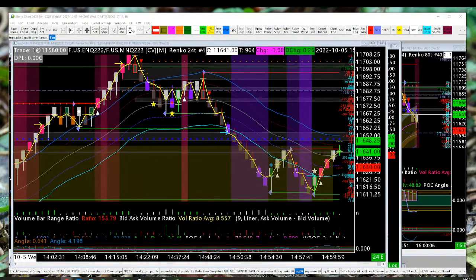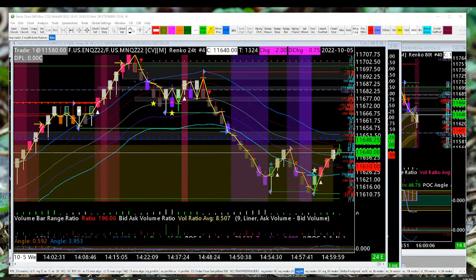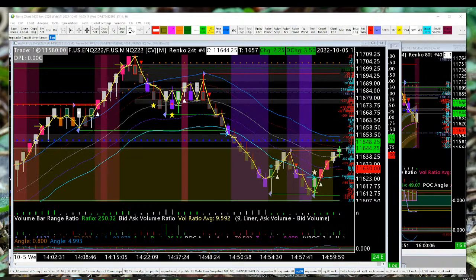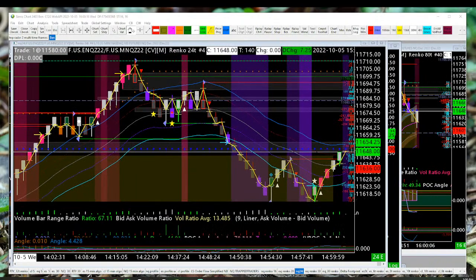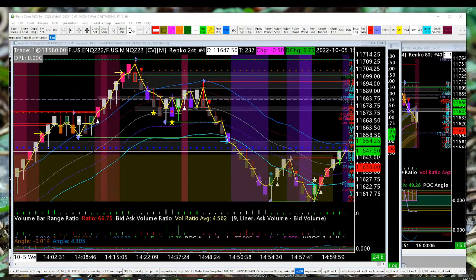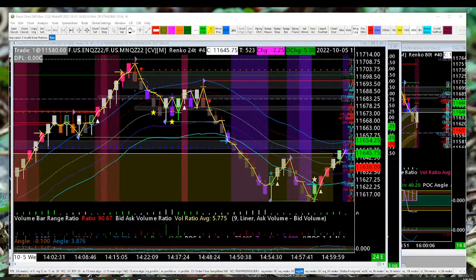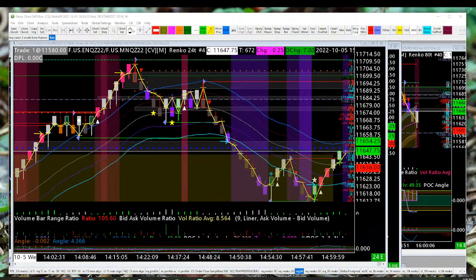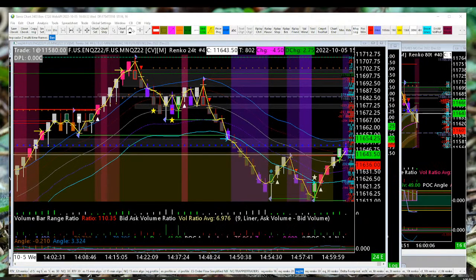But I was thinking maybe retracing back to the open, and that they could eventually extend to previous day's value area low. And then if they got into the value area, then the POC might be a target. The idea that we would actually extend higher than yesterday's high, not just yesterday's value area high, but overnight high, yesterday's high, like we traded higher than that.